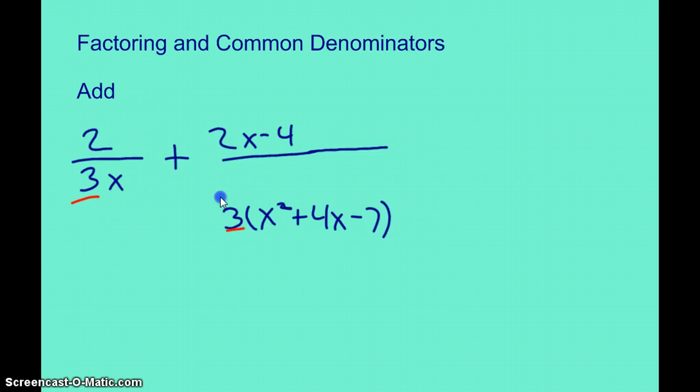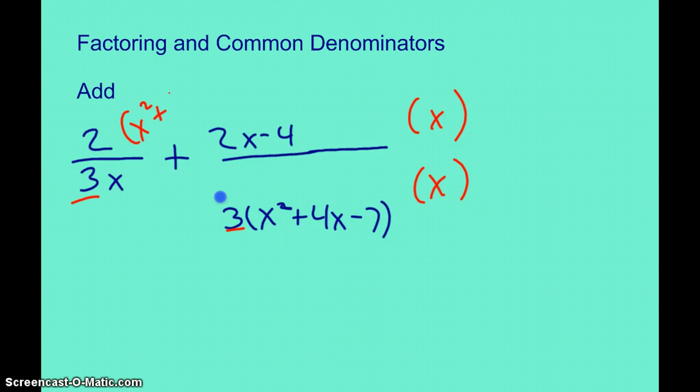In order to make the denominators the same, I need to multiply by what's not shared. We have this single x over here on the left side that we don't have on the right side. So on the right side, I'm going to multiply both the top and bottom by x. On the left side, I have the 3. What I don't have is the x squared plus 4x minus 7.